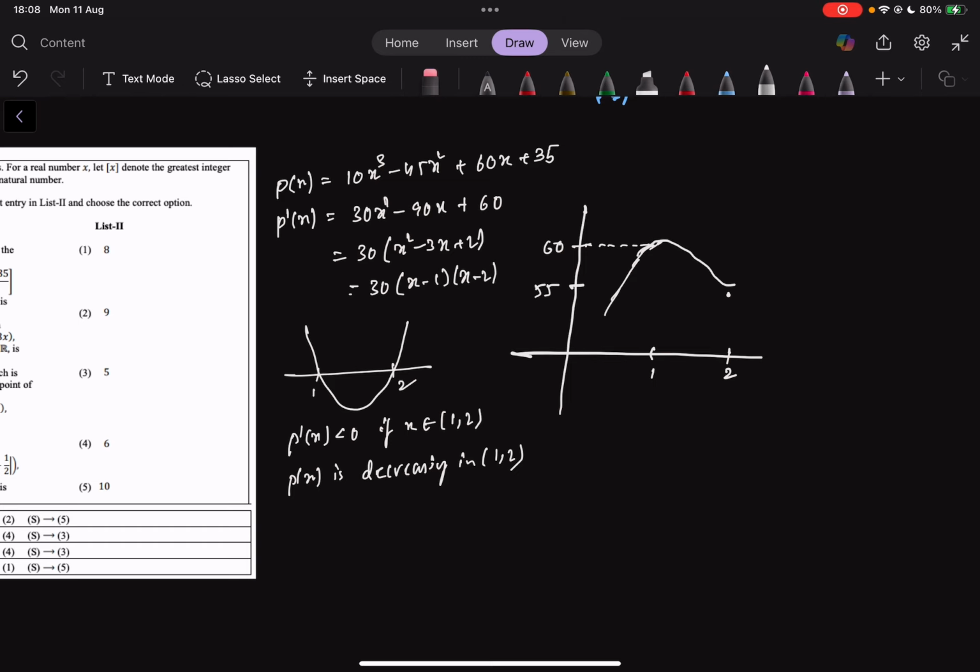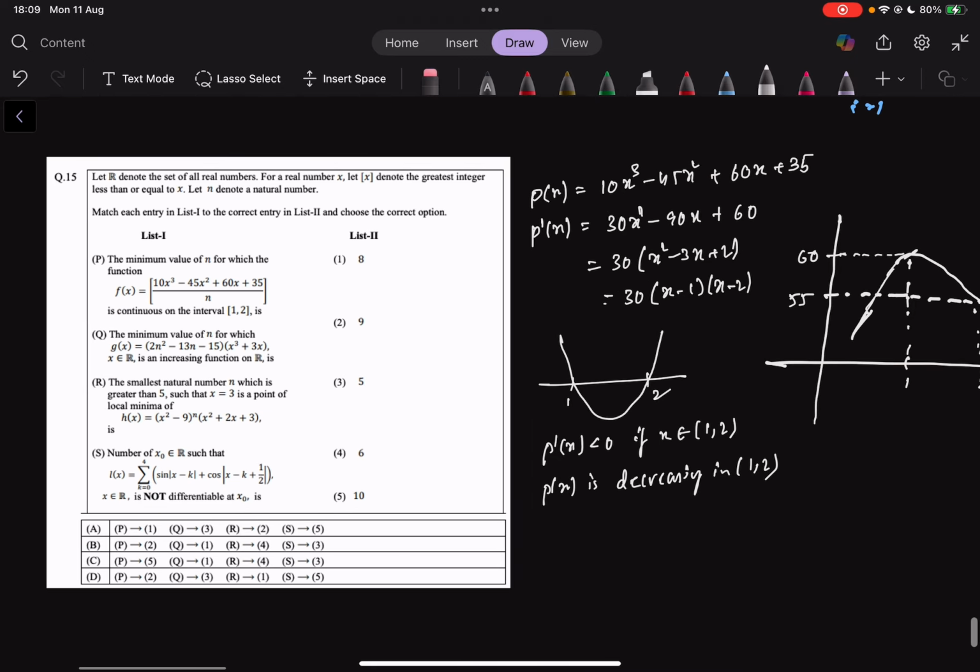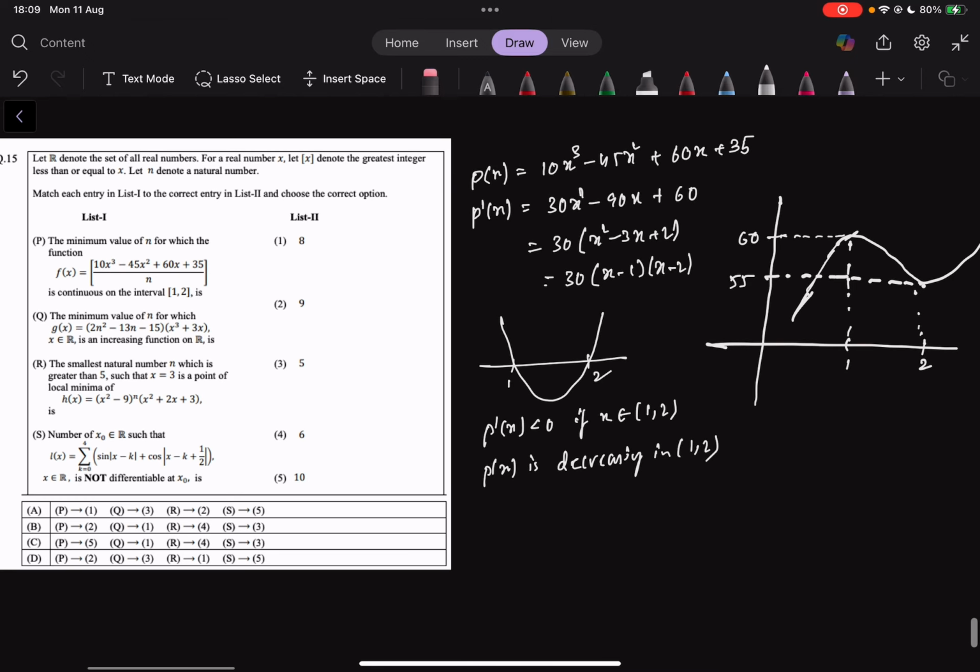So that means it is something like this. Right. So that's the graph of this p of x. In between 1 and 2 it is decreasing, in between 60 and 55. So in between 60 and 55 it should have the same integral value, otherwise it will be discontinuous.